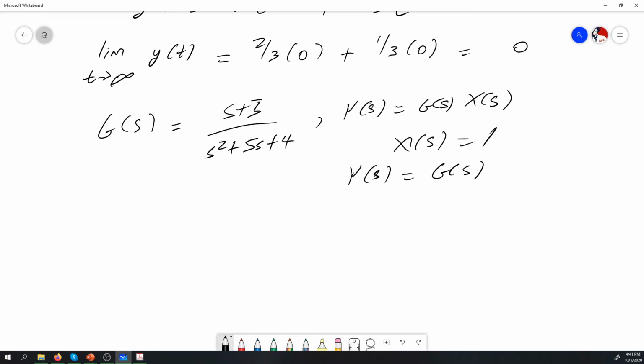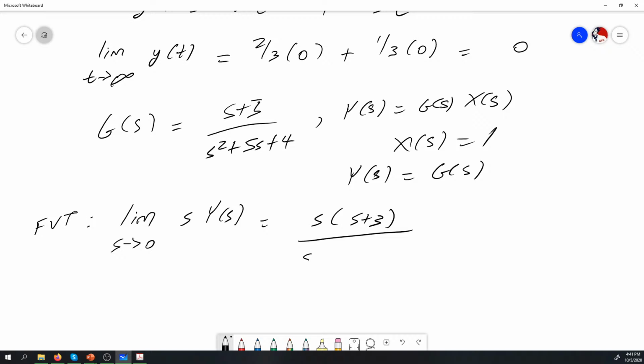And then in evaluating the final value theorem, this is basically going to be limit as s tends towards 0 of s y of s. It's going to be s times s plus 3 here divided by s squared plus 5s plus 4.